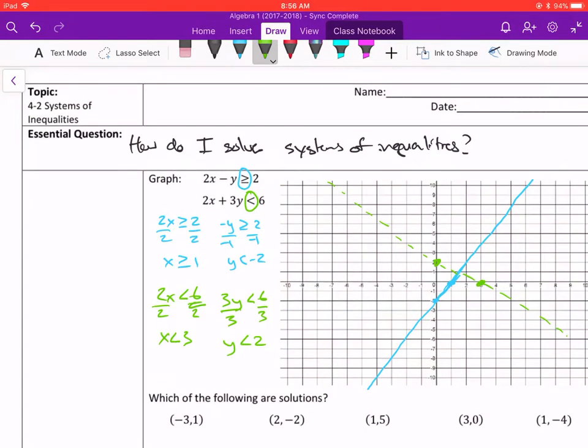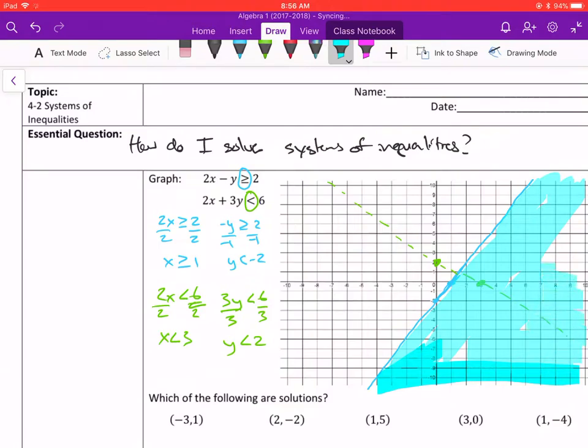Don't forget to do your shaded areas. The first equation is greater than, so you want to shade above the line, which would be to the right. Right here.